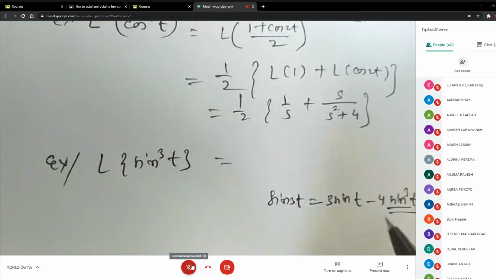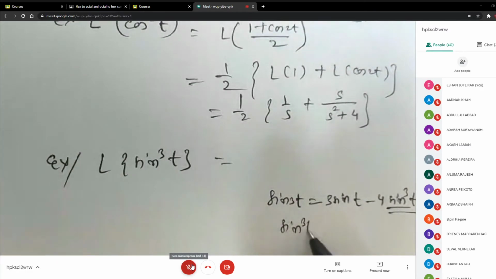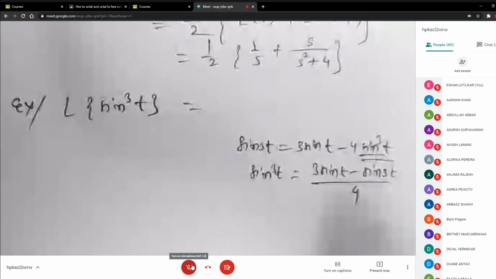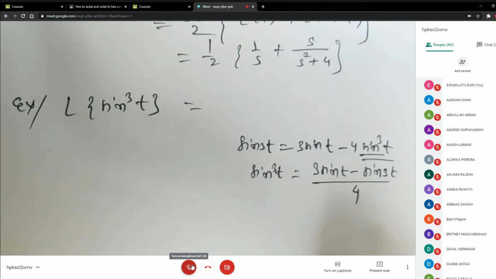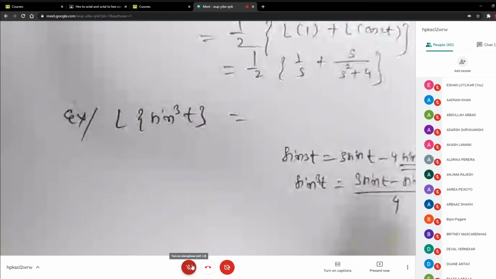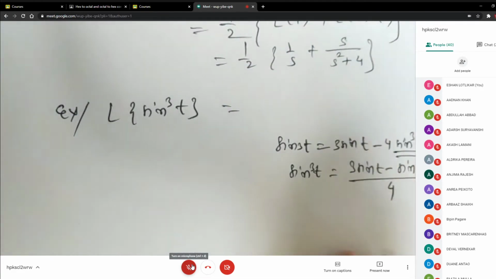Sine cube of t will be 3 sine t minus sine 3t divided by 4, isn't it? So take the help of the formula for sine 3t and keep only sine cube of t on one side. So what you get is 3 sine t minus sine 3t by 4. Now it becomes easier because you got linear terms for which you can easily find the Laplace transform.